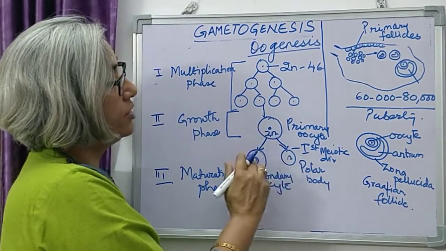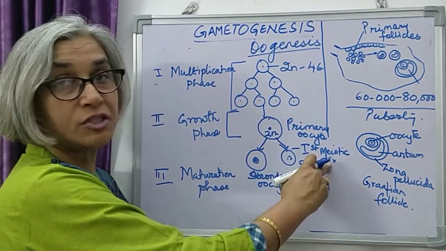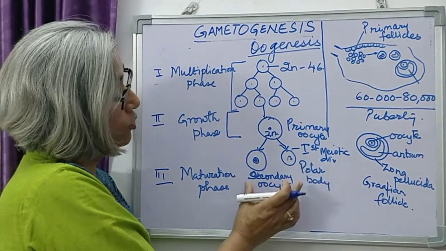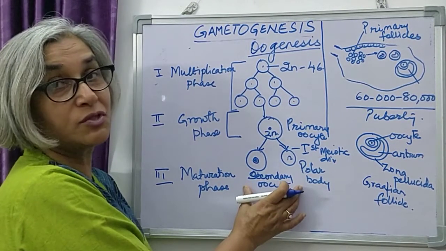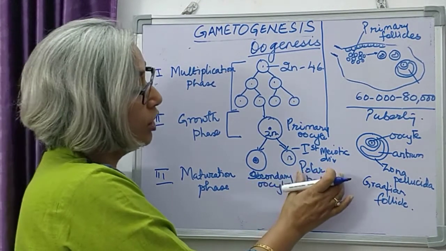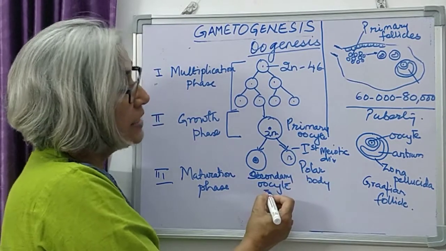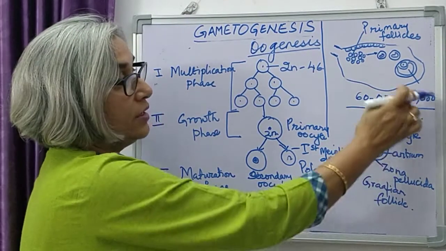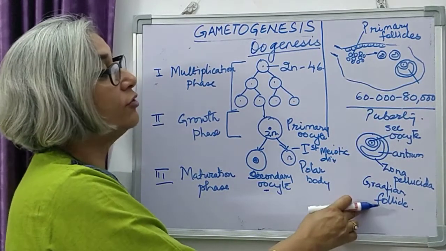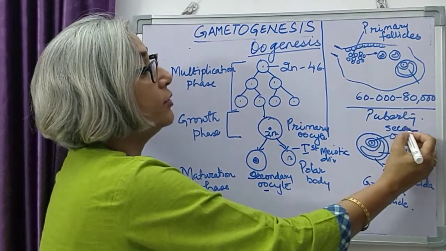Chromosome number has reduced to half after the first meiotic division, but only one oocyte, the secondary oocyte, is formed. The other one is called a polar body. So at this stage, this is the secondary oocyte in a mature follicle, Graafian follicle.